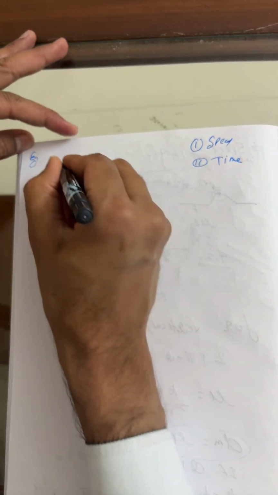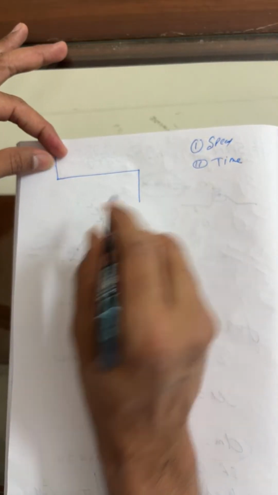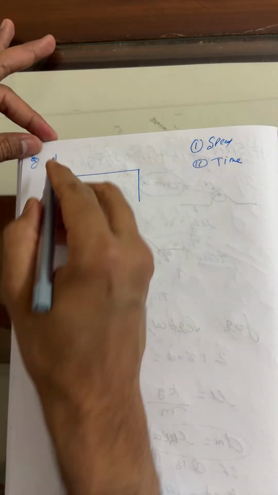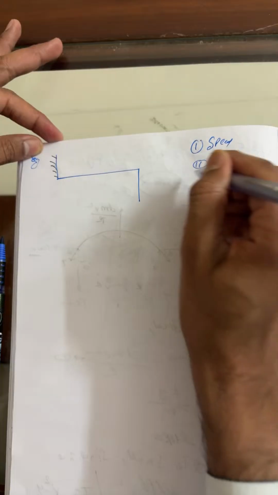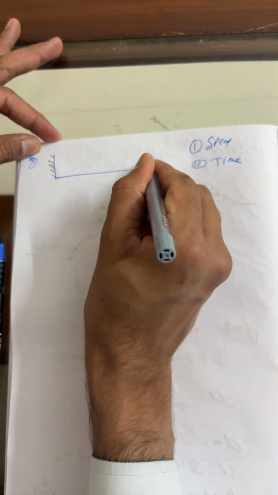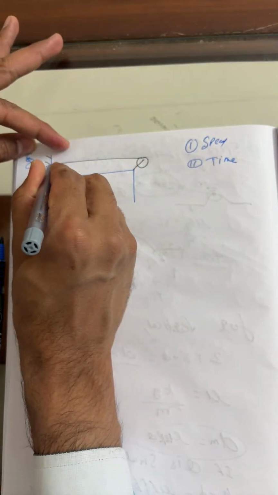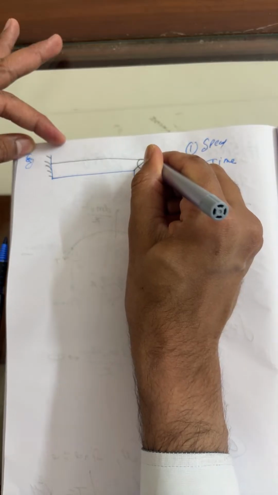Let us say this is the kind of arrangement. This is the pulley. One end of the string is fixed over here. Now there is one more block.